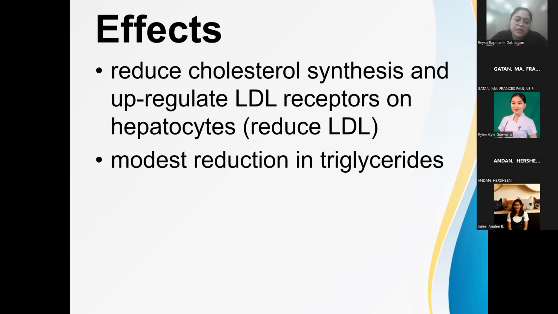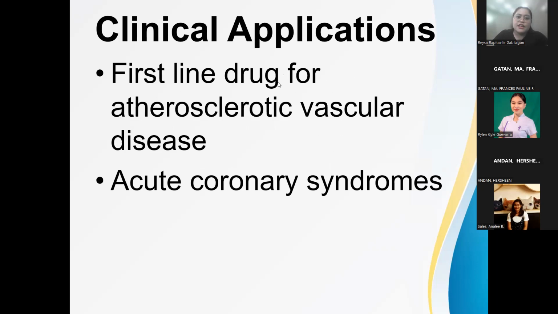It has a steroid nucleus, which is what we look for in sterols. Triglycerides are still lipids, but they are fats and oils in the body. So statins have no significant activity there. Our statins are the first-line drug for atherosclerosis.